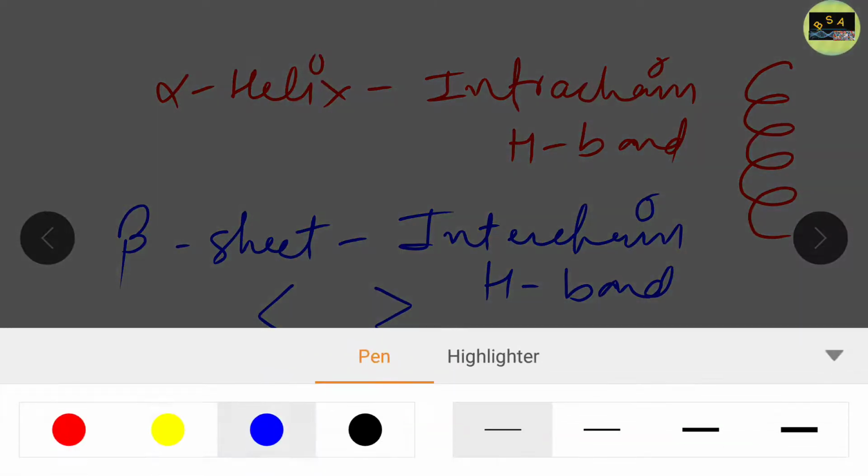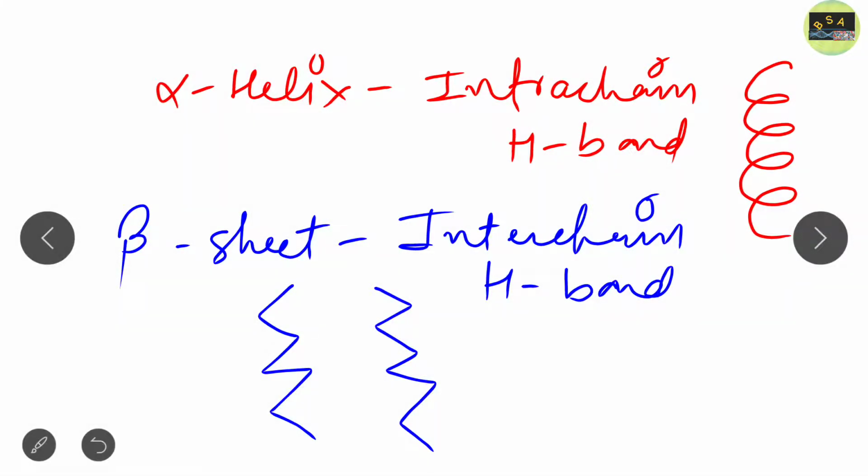Here you can see that hydrogen bond is formed between this one segment and another segment. That's why, as the hydrogen bond is formed between two different segments in beta sheets, it is an interchain hydrogen bond. So this is the main difference with respect to hydrogen bond between the alpha helix and beta sheet, clear.